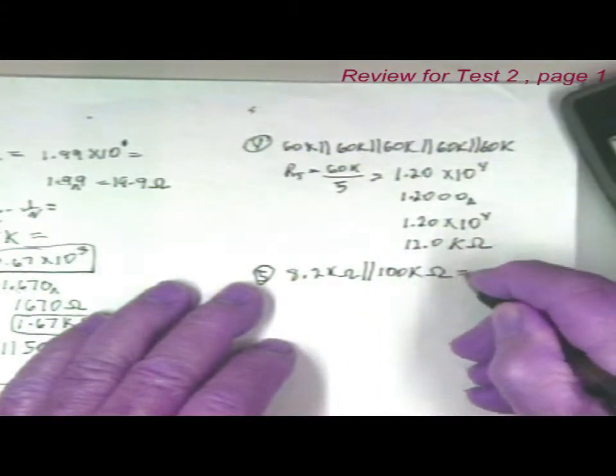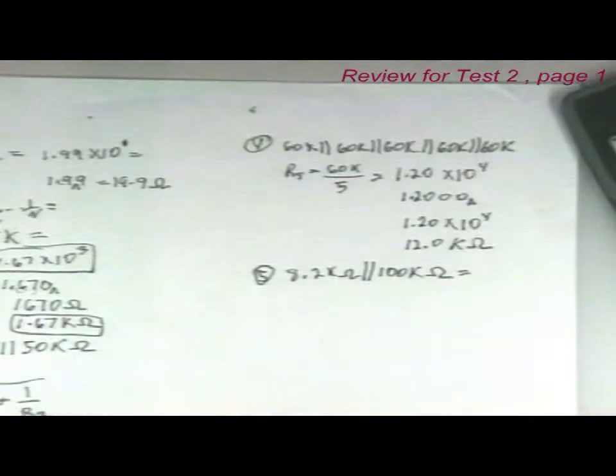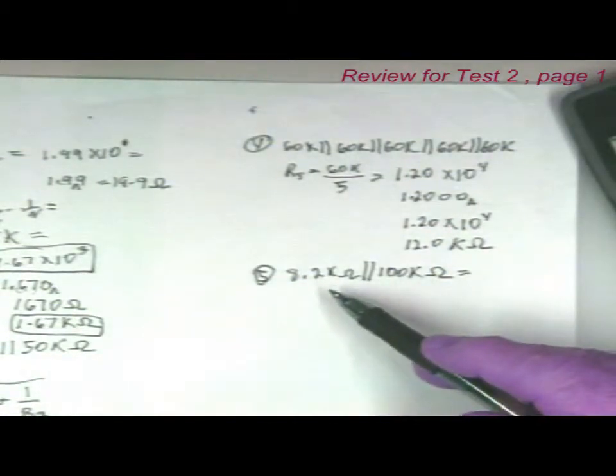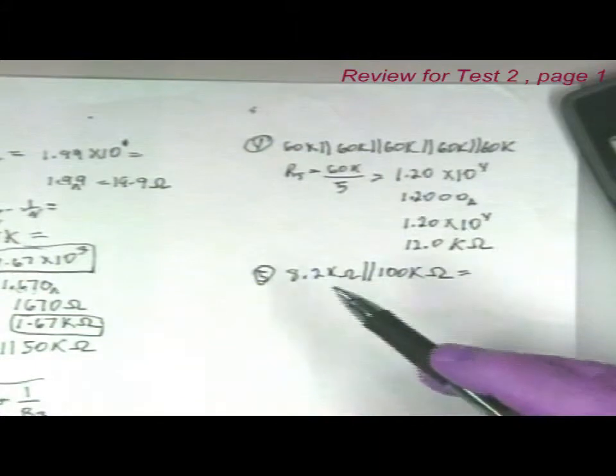Can you tell me what's the greatest size this resistor can be that we're going to figure out the total of these two? It's actually going to be less than 8.2 k ohms, isn't it? Because in a parallel circuit, test question, the combination of the resistors in parallel is going to be less than the smallest resistor.